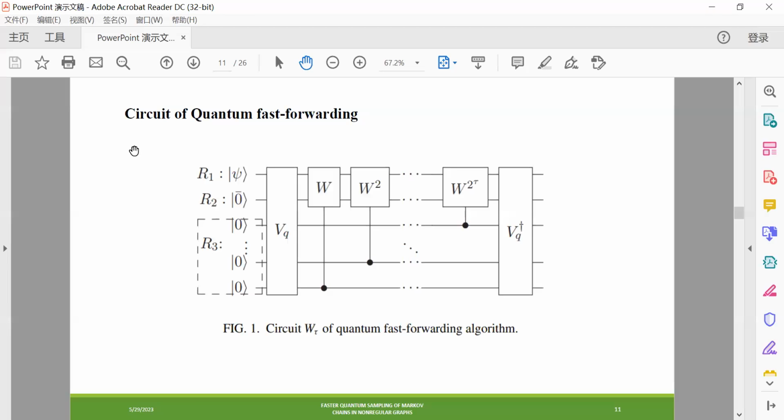We construct the circuit for quantum fast forwarding like this, where W stands for the walk operator, and we need to count the number of times we call the walk operator. This is similar to phase estimation.